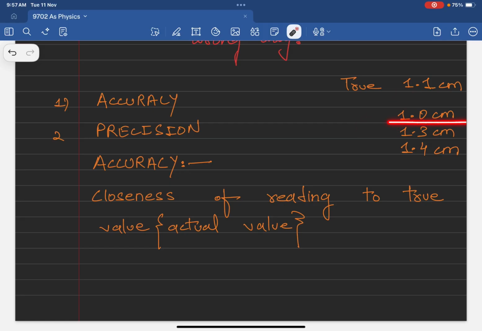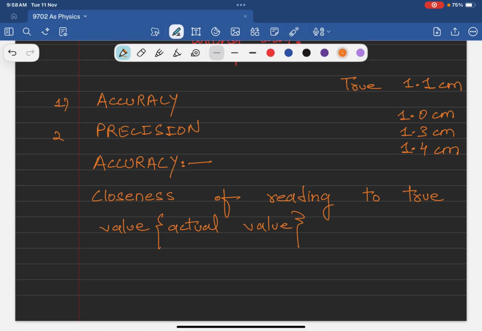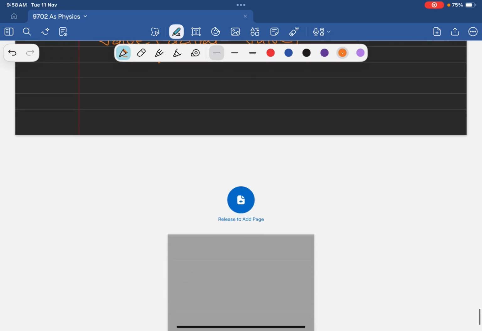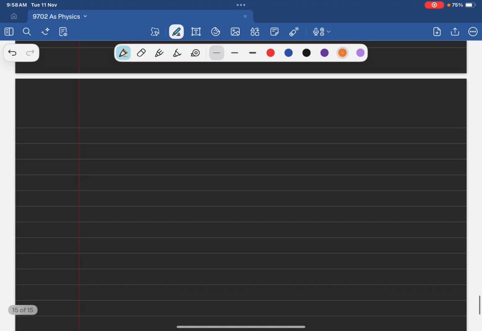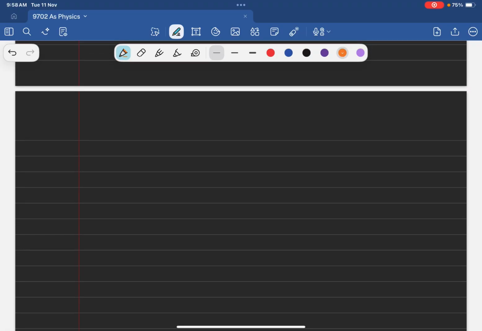So if we compare these three readings, which one is more accurate is 1.0 centimeter. So that is how you define accuracy: if you're taking measurements, how close my reading is to the true value of any measurement.